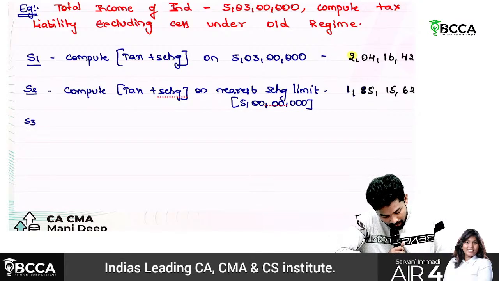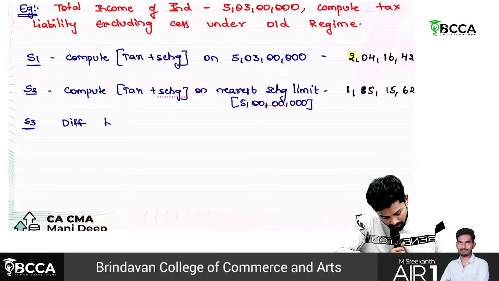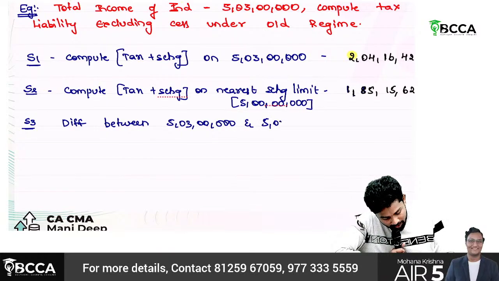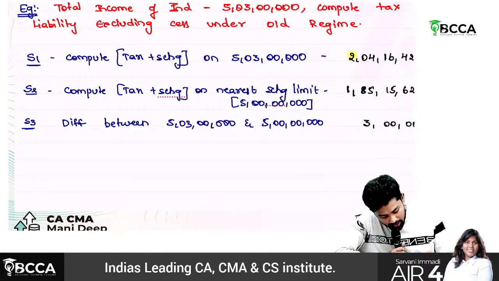Step 3. What is step 3? The difference between 5 crore 3 lakhs and 5 crores. What is the difference amount here? 3 lakhs. So what is the marginal relief then?